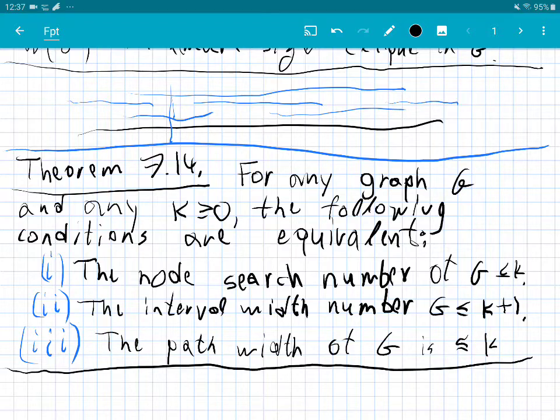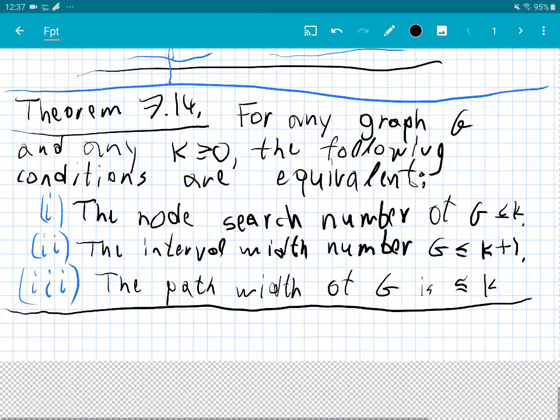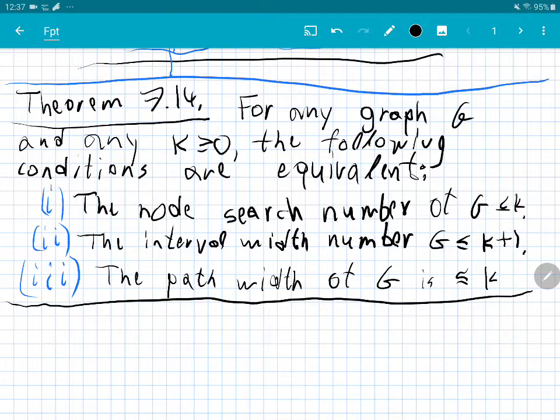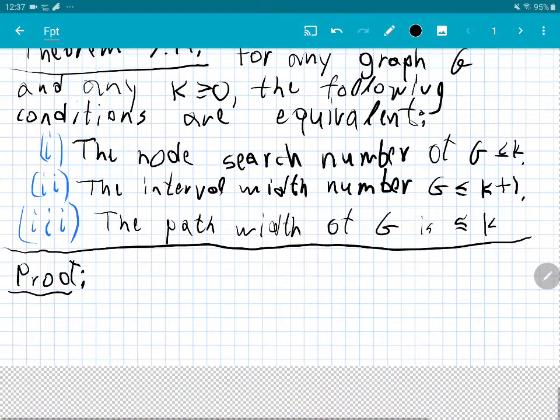So some of those properties are easy to see, right? So the fact that the node search number being at most k implies that the interval width of the graph is at most k plus 1, this is not very hard to see once you have this claim by Lopakhin, right?